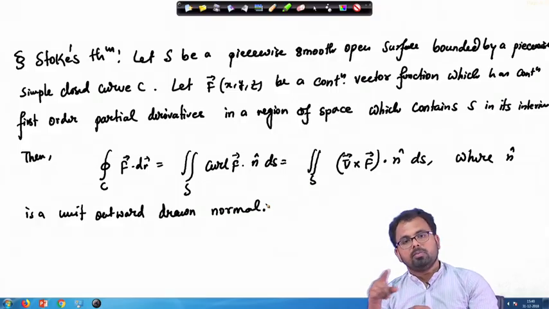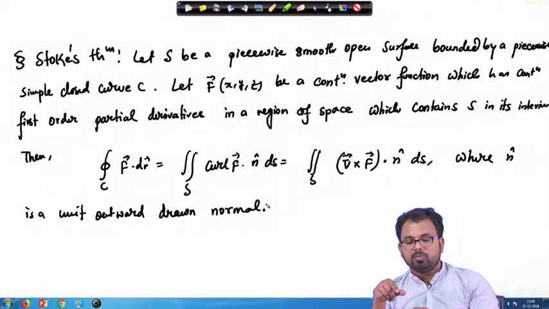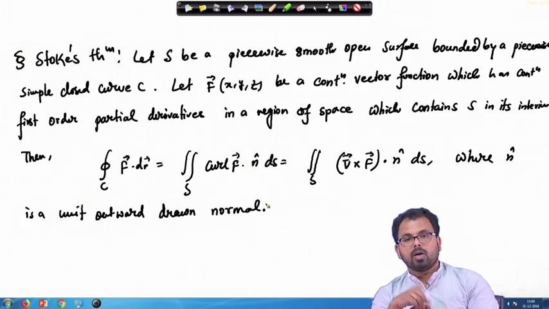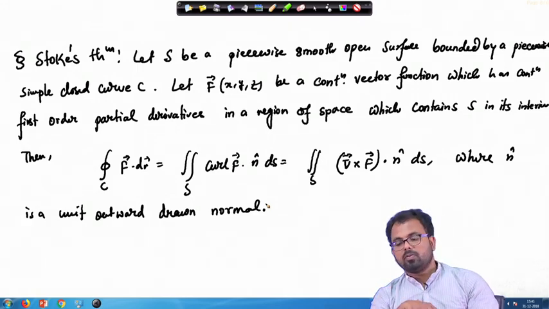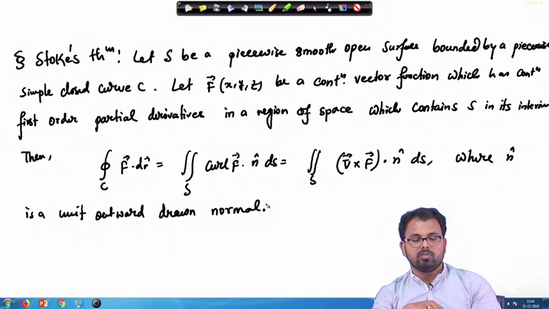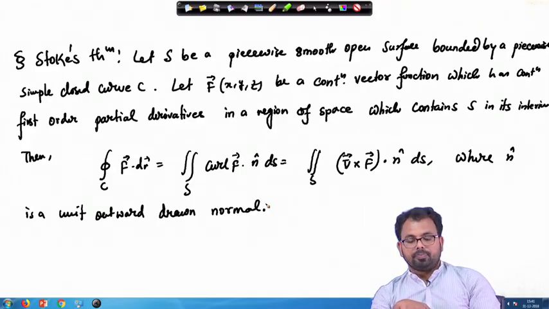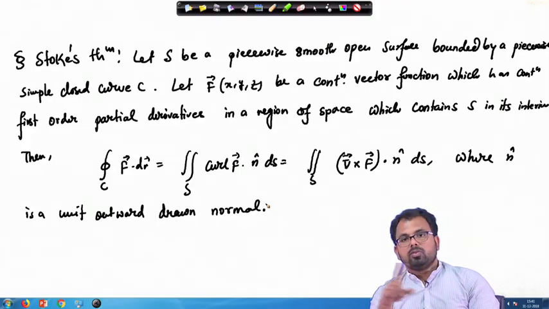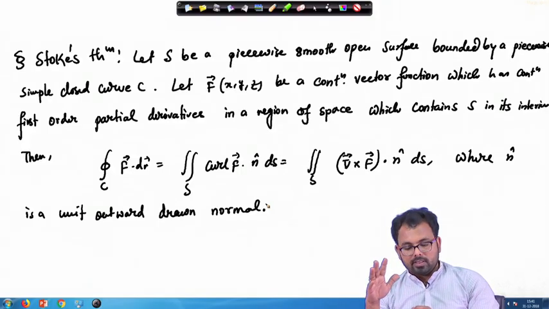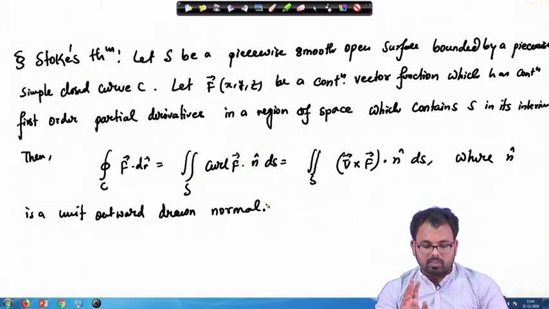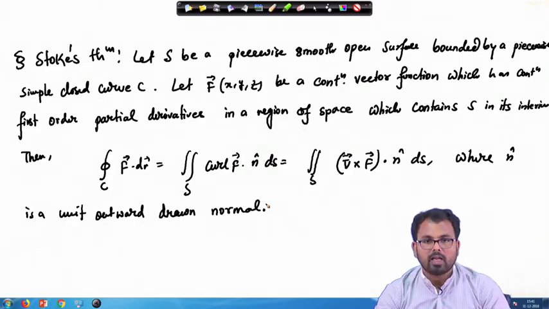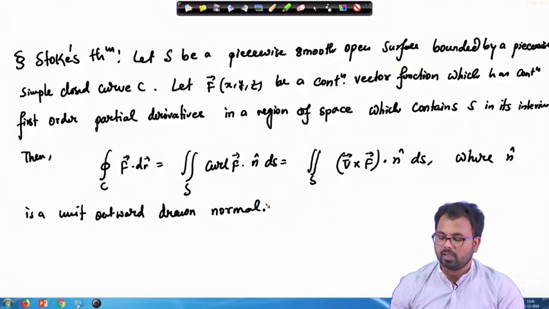That is what we mean by a piecewise smooth surface bounded by a piecewise simple closed curve C. And n is the outward drawn normal on the surface S, and then you can write the line integral f dot dr as the surface integral of curl of f dot n ds.